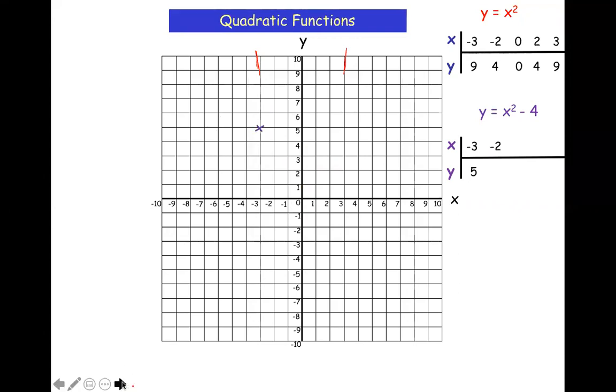So that's that point there. -2 give me 0. 0 gives me -4. 2 will give me 0 again. And the last one, 3, should give me 5 because we've got a parabola. And then you draw your graph again.